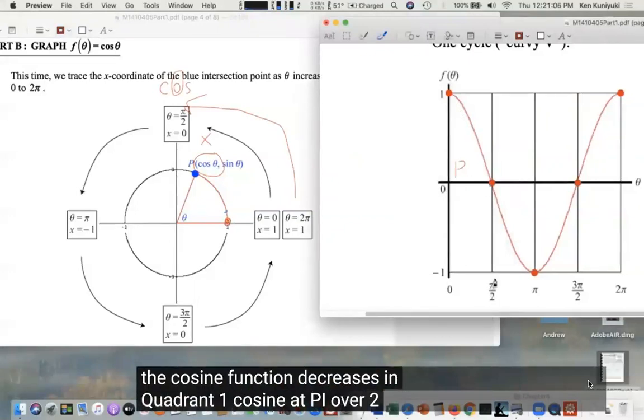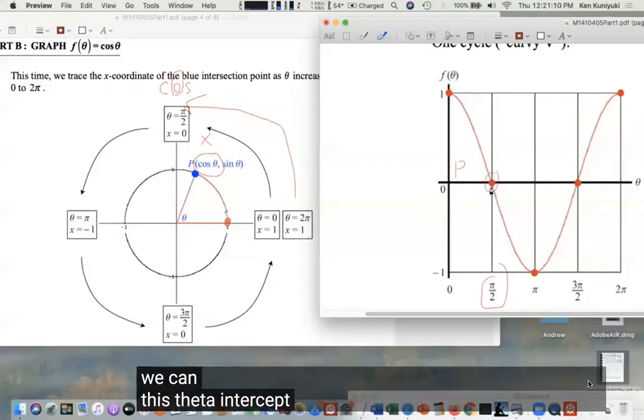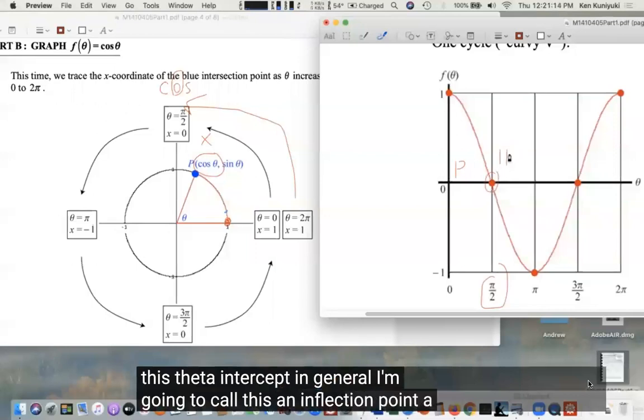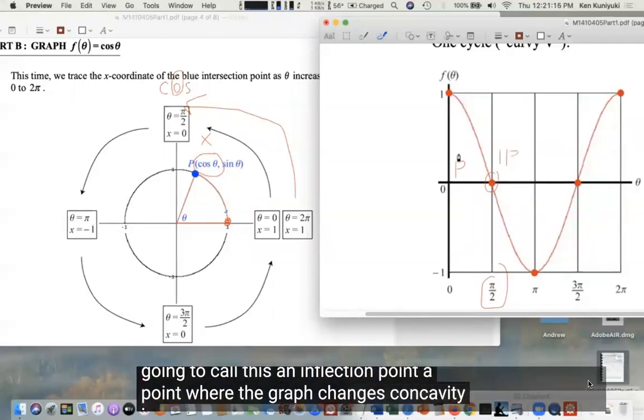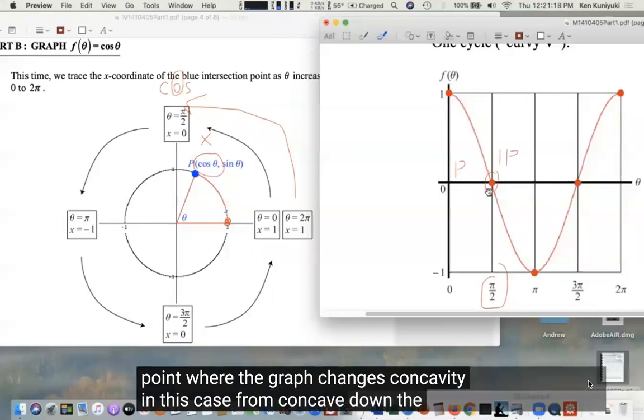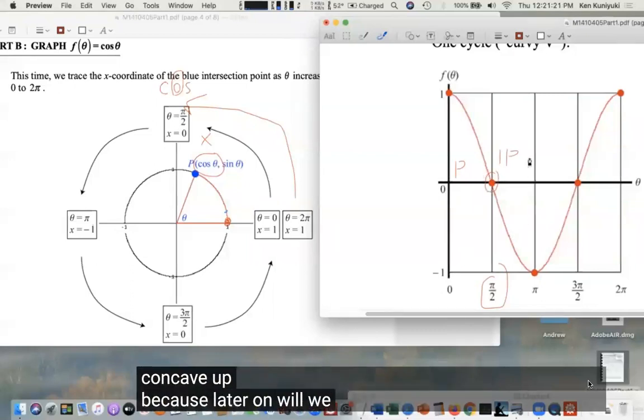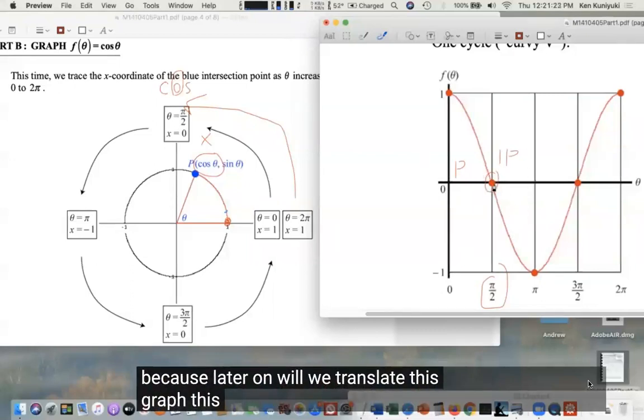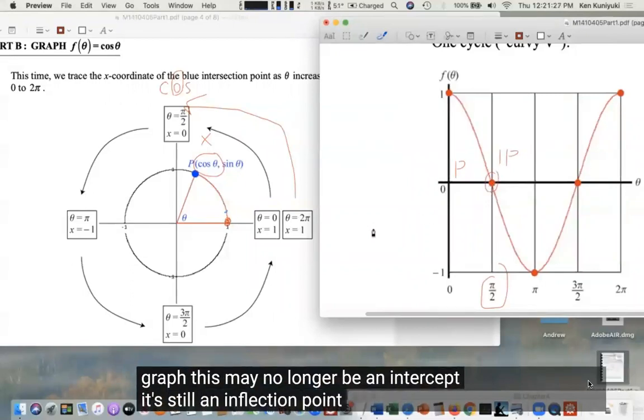Cosine at pi over 2 is 0, and we get this theta intercept. In general, I'm going to call this an inflection point, a point where the graph changes concavity, in this case from concave down to concave up, because later on, when we translate this graph, this may no longer be an intercept. It's still an inflection point.